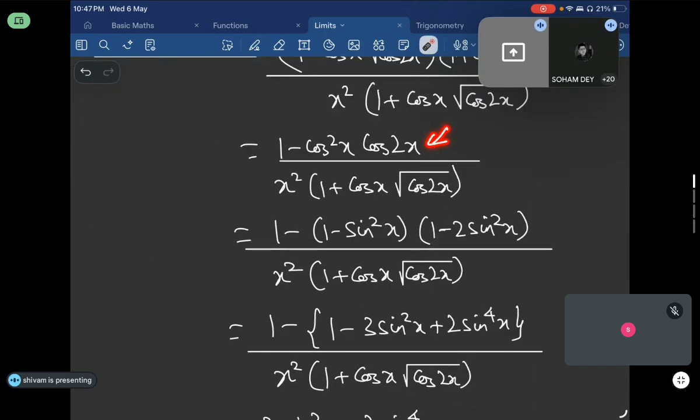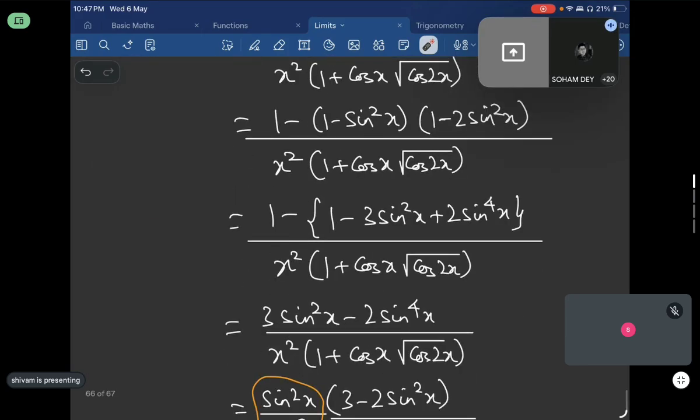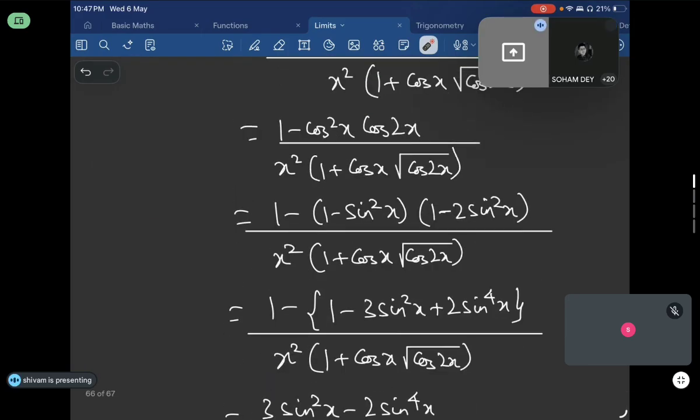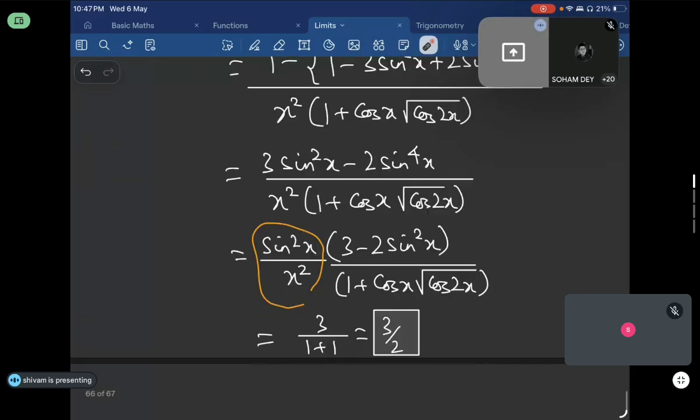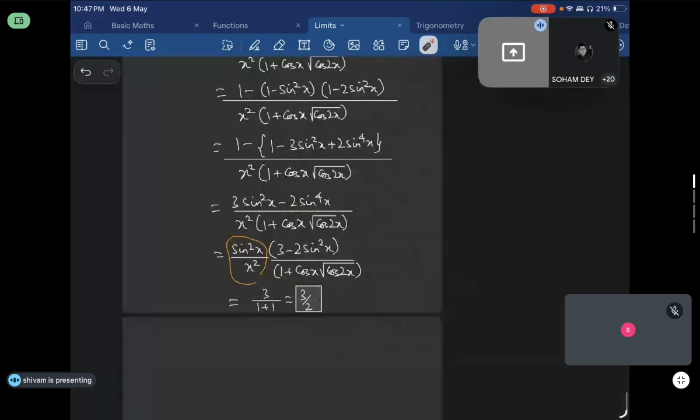So you want to convert it as 2 cos square x minus 1? No, cos 2x as 1 minus 2 sine square x, but not converting the cos square x also. Achha, just cos 2x I'm converting. Then I directly, I don't know, I haven't applied it yet. I have to apply and check. Okay. Anyways, I hope this is clear to everyone.